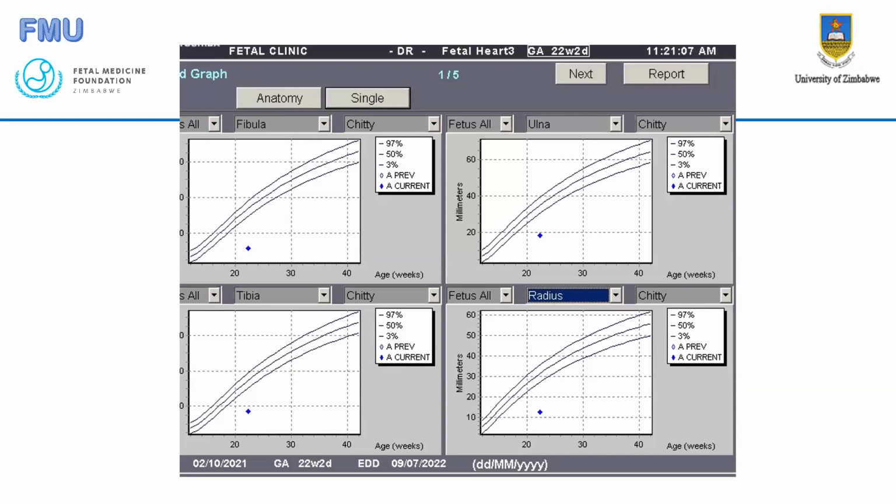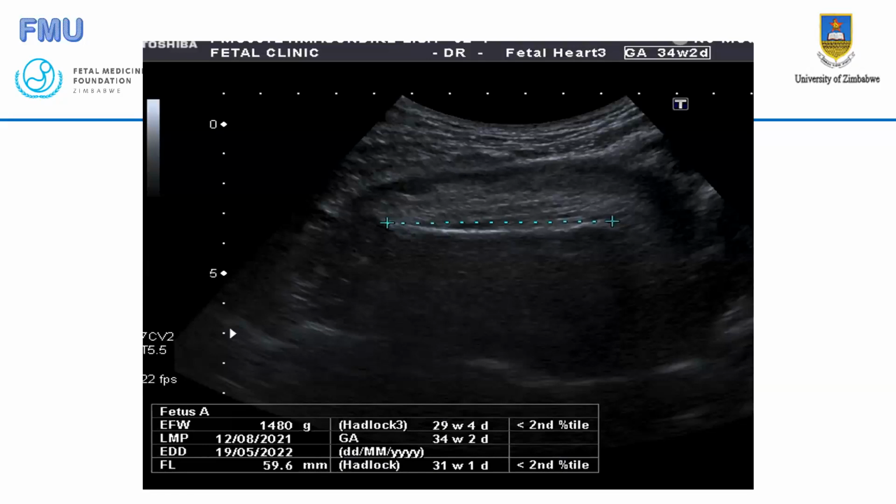You can see the fibula, tibia, radius, ulna, and of course there is also the femur, which I didn't put there, and the humerus. They were equally short. These are the long bones. When you are referring to hypomineralization, this is what you refer to. If you check, this is the skin. You can see that in this case, it was the femur, that the femur echo appearance or echogenicity is almost the same as that of the skin there.